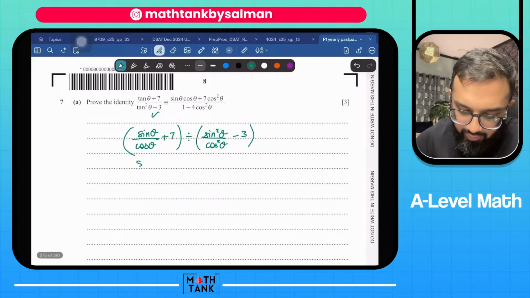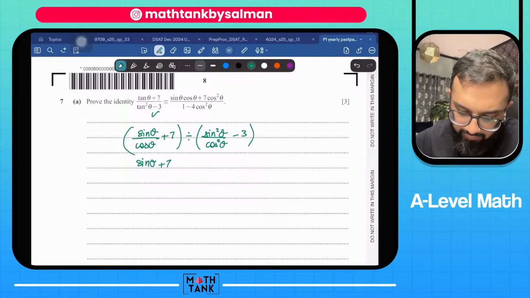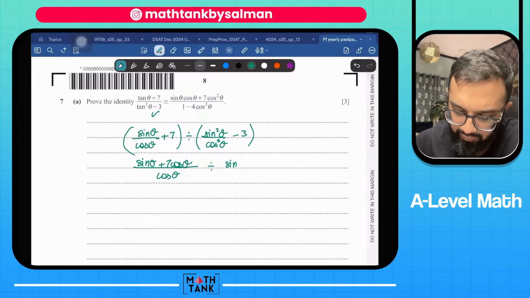So sine theta plus 7 cos theta over cos theta. I've taken a common denominator. Then sine square theta minus 3 cos square theta over cos square theta.